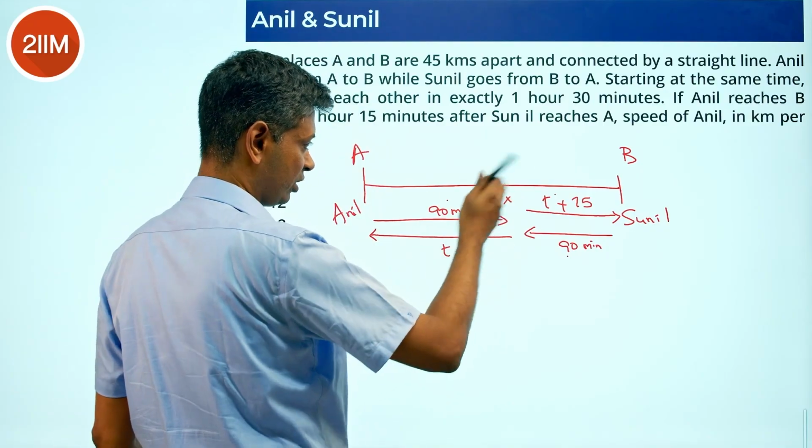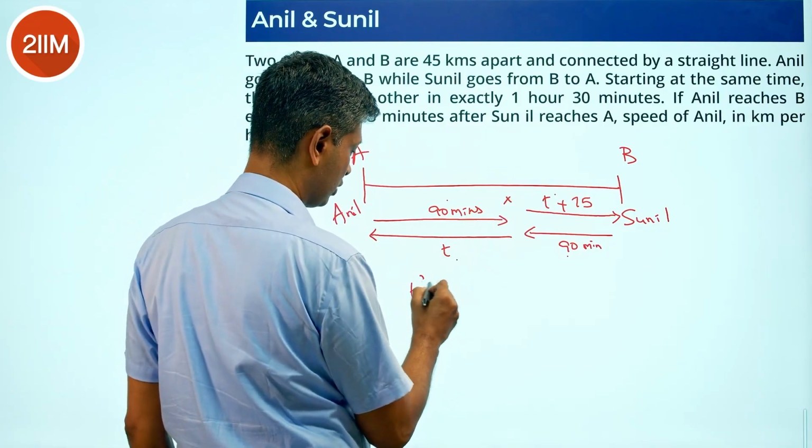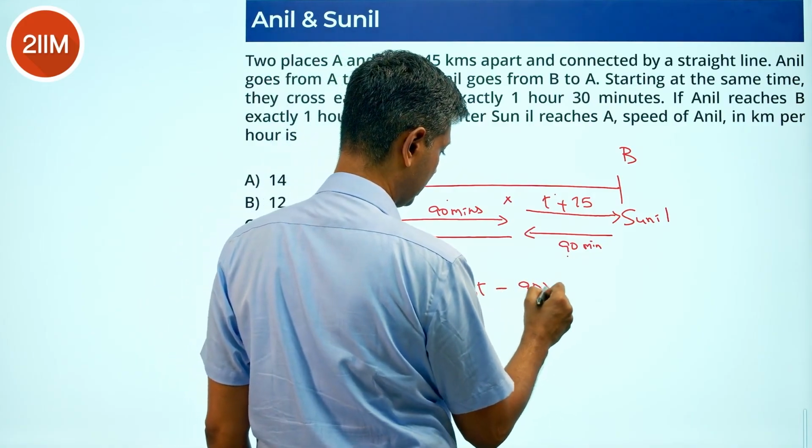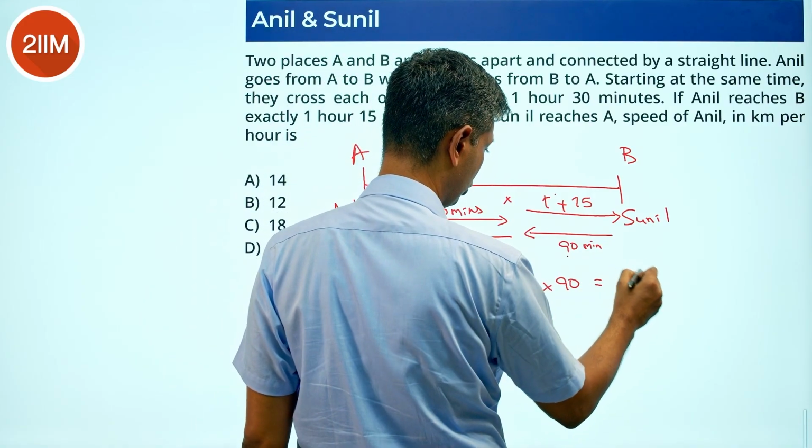So 90 into 90 is t plus 75 into t. So t square plus 75t minus 90 into 90 is 0.